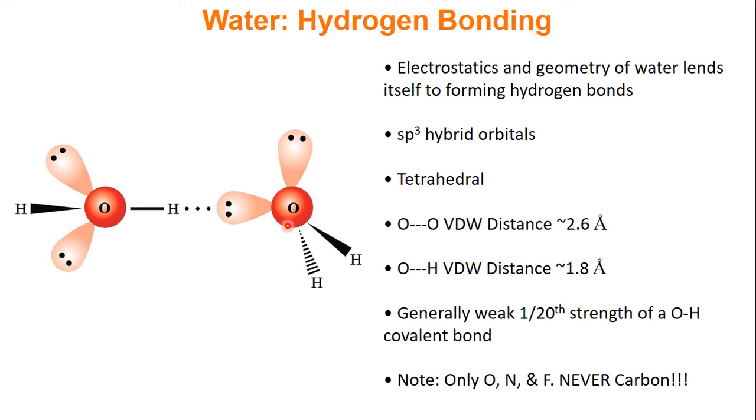Carbon can never hydrogen bond, and I want you to remember that right now. I see this mistake all the time. There's going to be a question on the test about this to see if you have it, so just keep this in mind right now. Carbon and hydrogens attached to carbon can never be in a hydrogen bond. Only oxygen, nitrogen, and fluorine.